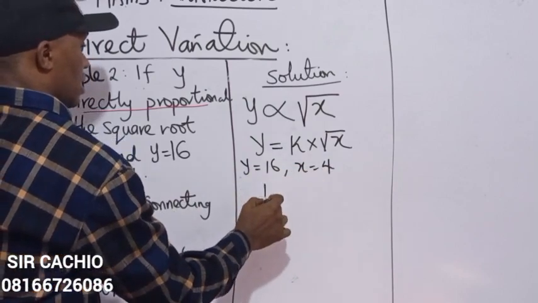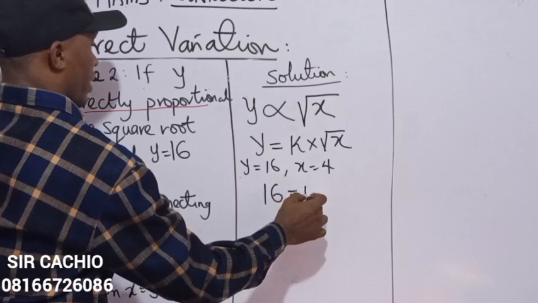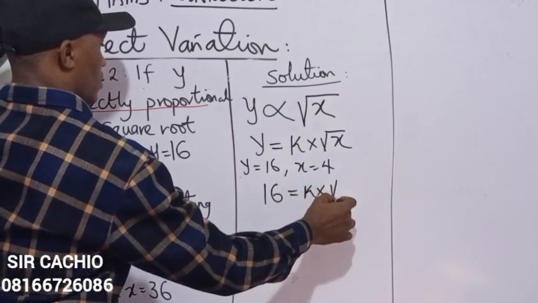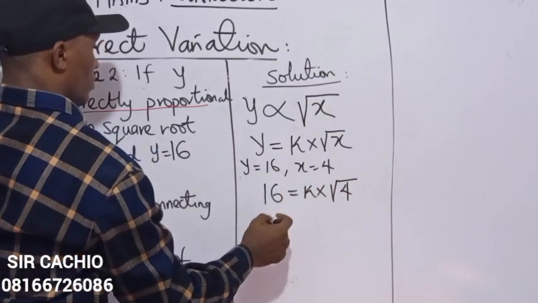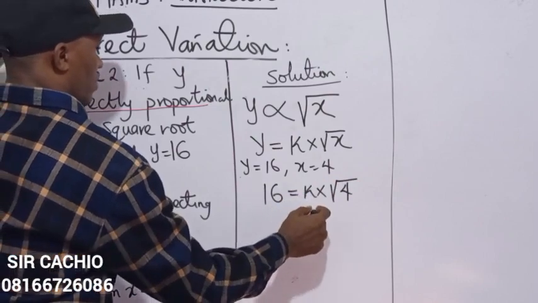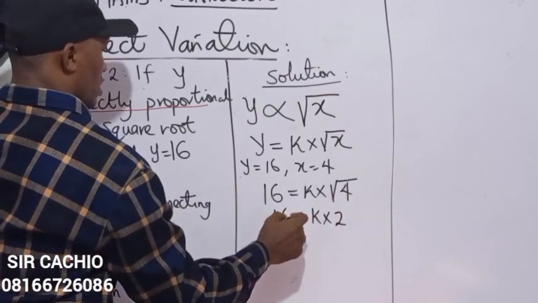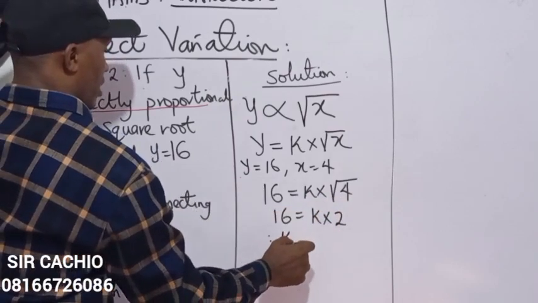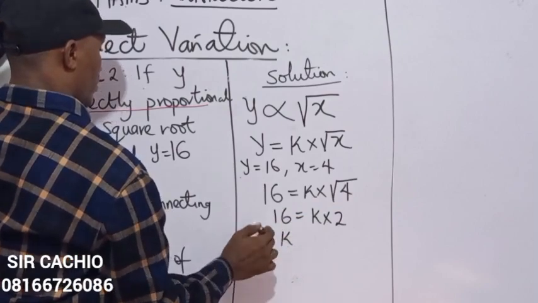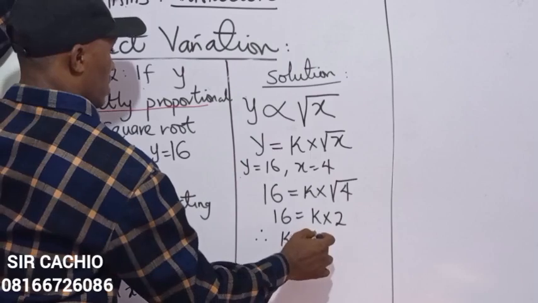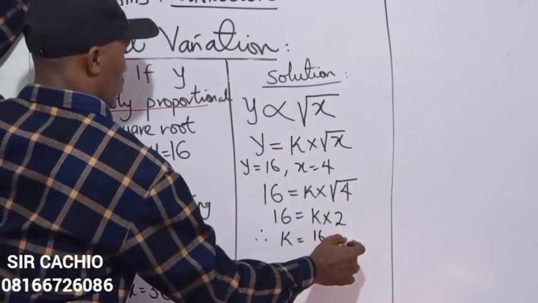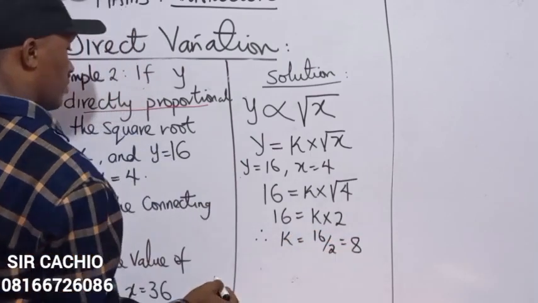So 16 equals k times root 4, which is k times 2. Therefore, my k is equal to 16 over 2, which is 8.